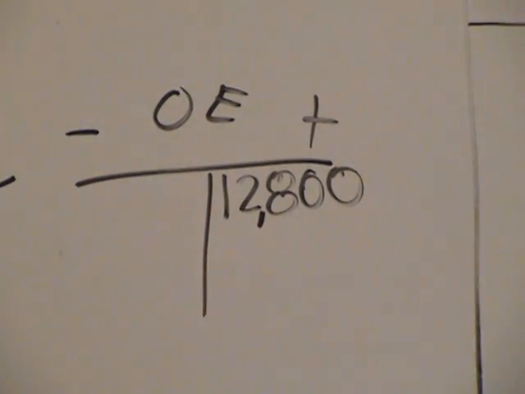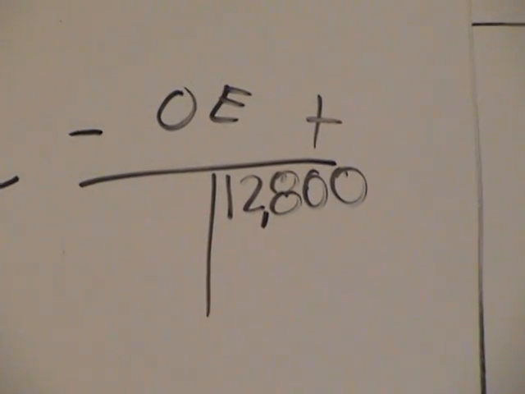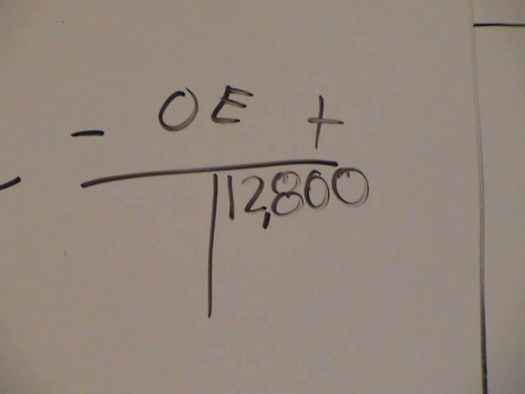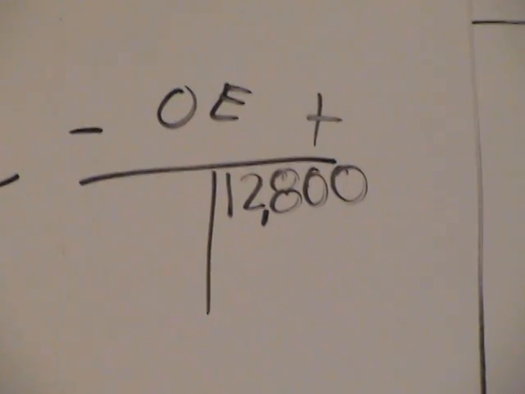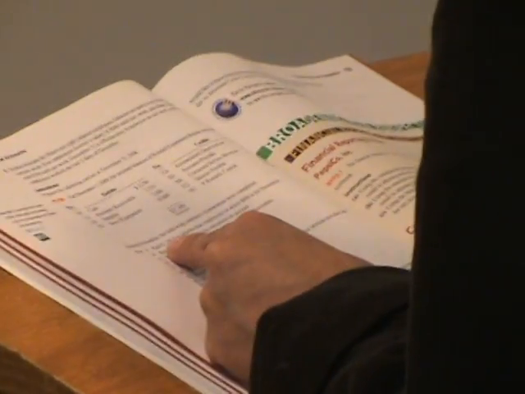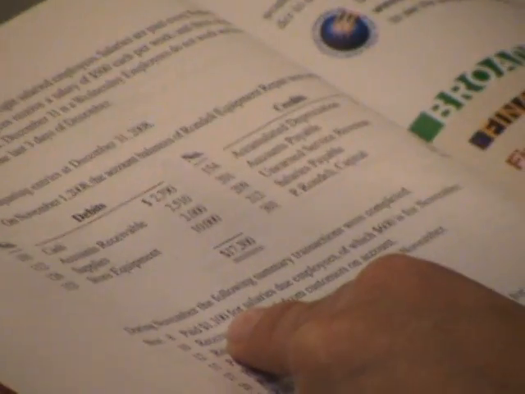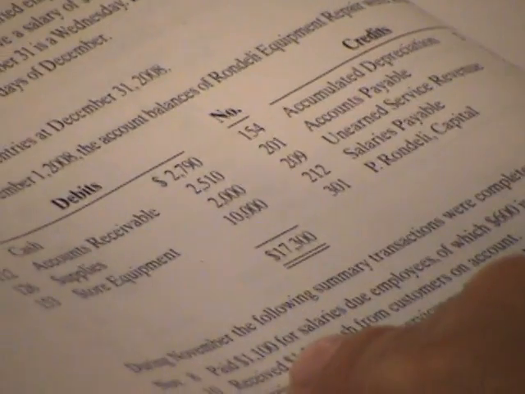The first entry says, okay, now I'm going to give this book back to Ann. Here you go, Miss McGowie. So read the first one to us, which is going to be our hardest entry in the whole process. What does it say? Okay, pay 1,100 for salaries due to employees, of which 600 is for November.